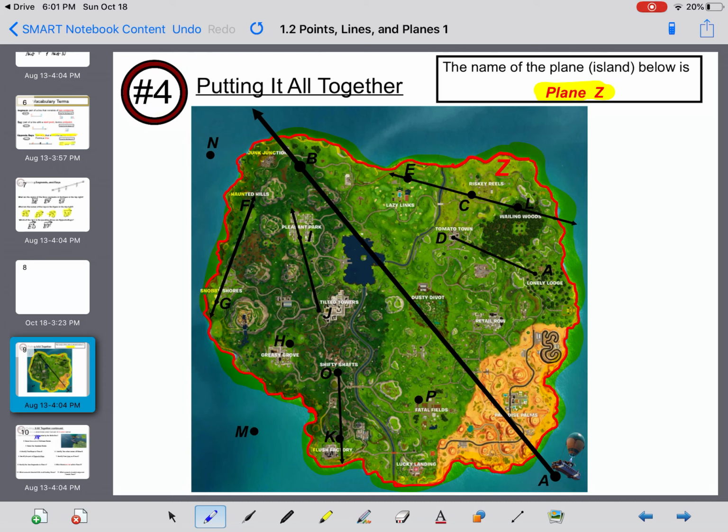Line GF, line ECL, line DA. So for collinear points, I'm going to use FG, EC, and CL.